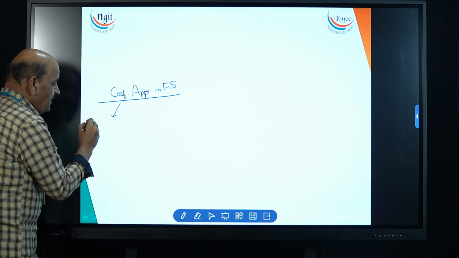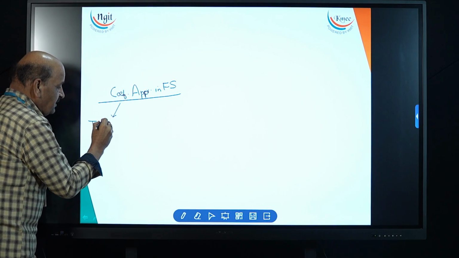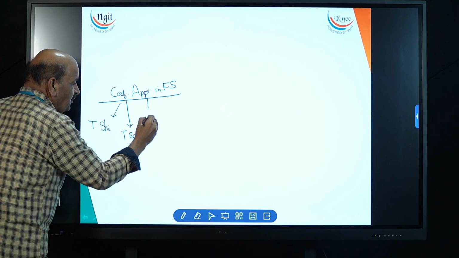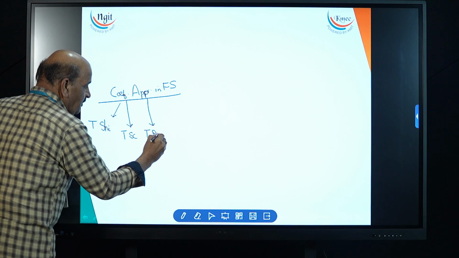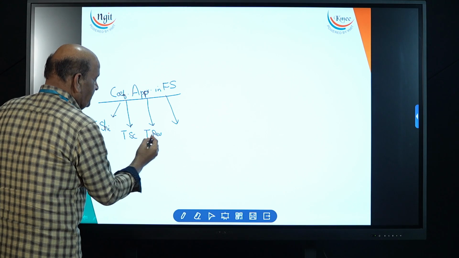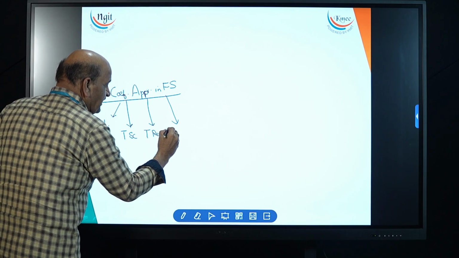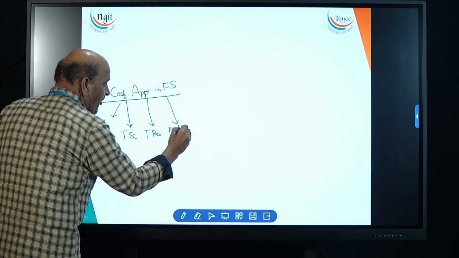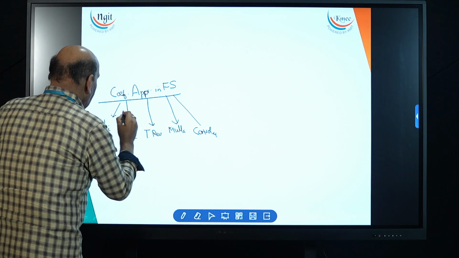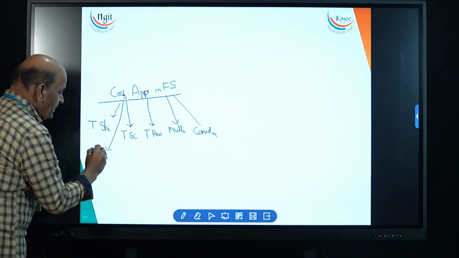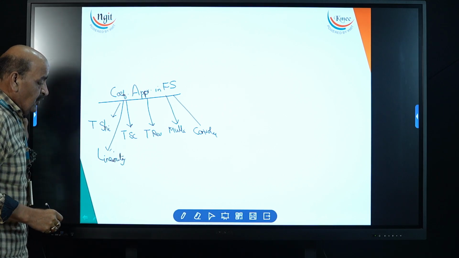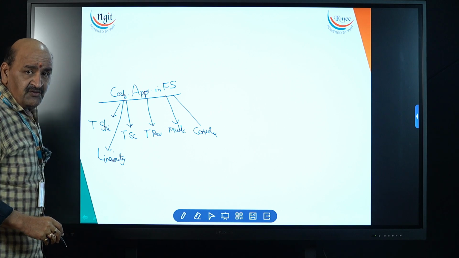Here we discussed time shifting, time scaling, time reversal, time signals multiplication, and convolution. And one more property we discussed is called linearity property. So these properties we discussed on coefficient of approximation in Fourier series.